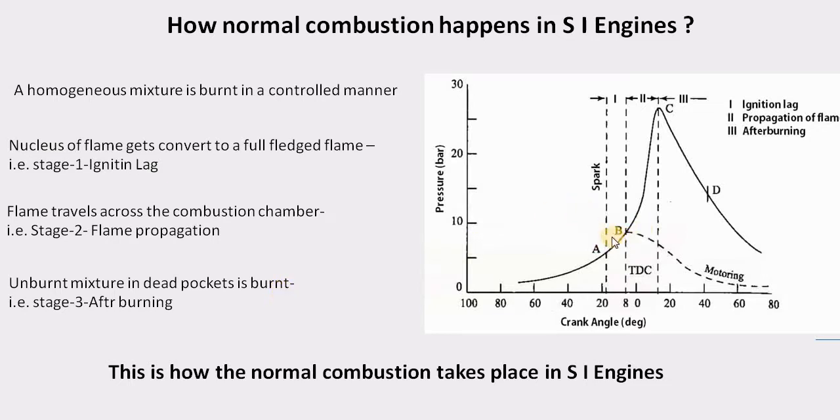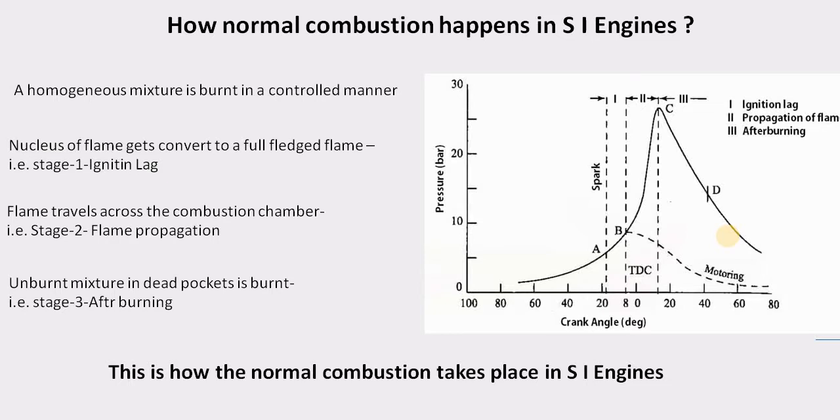From A to B the flame is developed, then from B to C the flame travels across the combustion chamber, and from C to D whatever remains here and there is going to burn. This happens very smoothly, and when it does, we call it normal combustion.